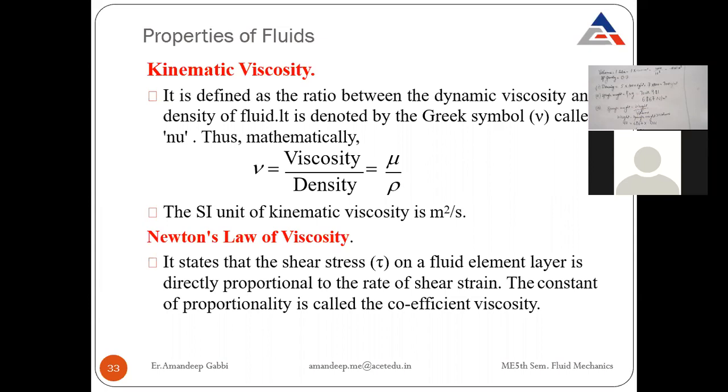Newton's law of viscosity states that shear stress on a fluid element layer is directly proportional to rate of shear strain. The constant of proportionality is called coefficient of viscosity.